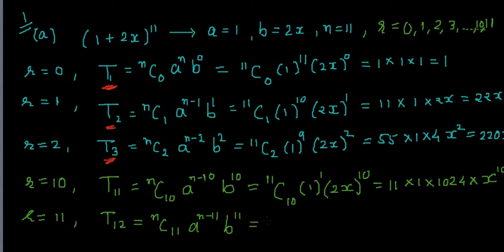If we keep these values, it's 11C11, 1 raised to n minus 11, where n is 11, so 11 minus 11 is 0, times 2x raised to r, which is 11. 11C11 is 1, 1 raised to 0 is 1, and 2 raised to 11 is 2048, into x raised to 11.